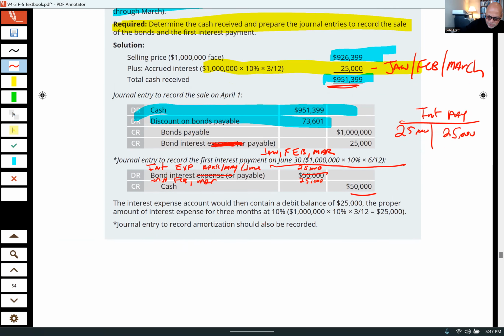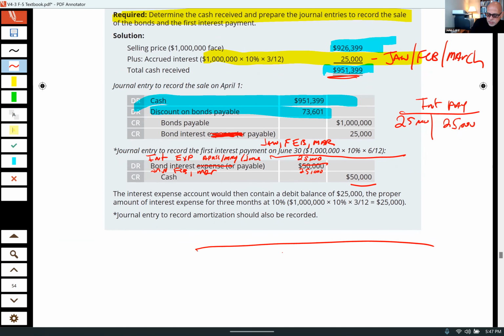Now, all they were trying to do with that reversing entry thing, guys, and I don't know that the exam gets all hopped up on reversing entries these days, they said, well, you could credit interest payable or you could credit interest expense.